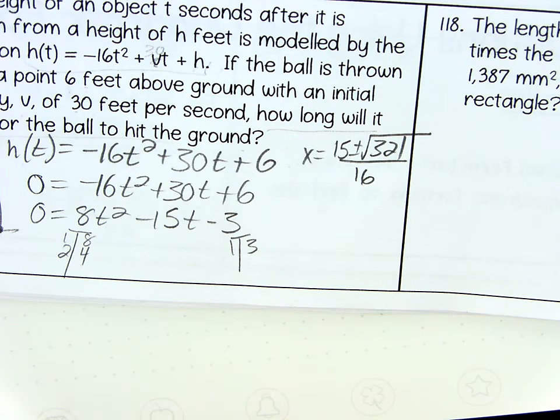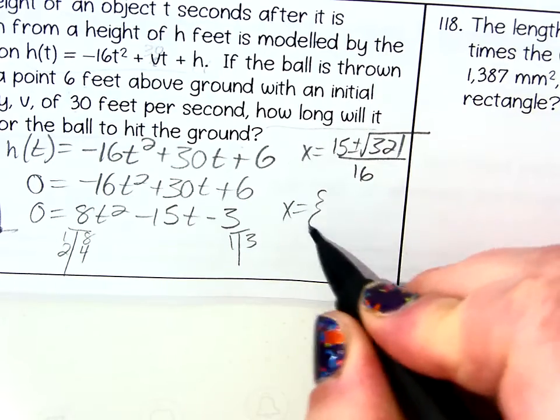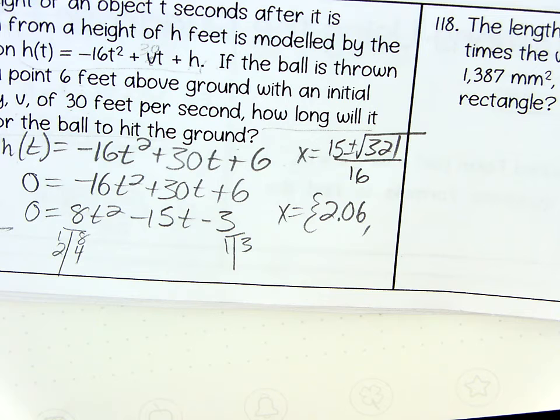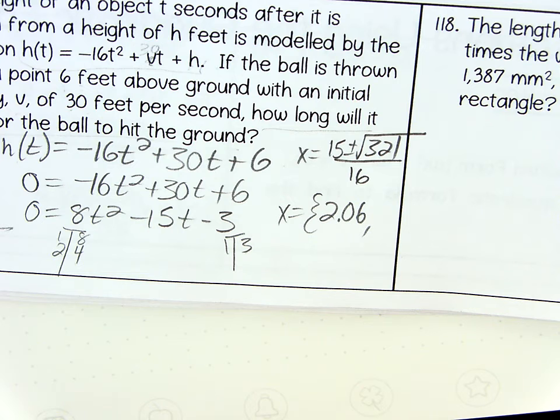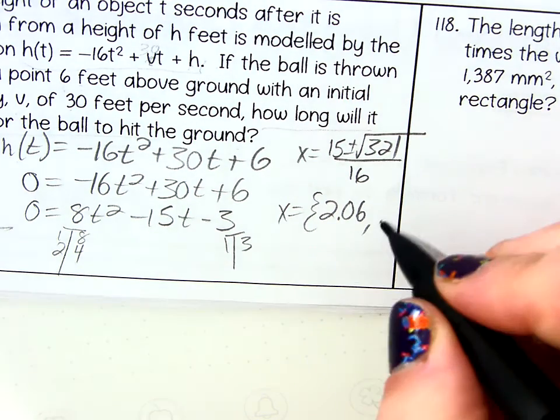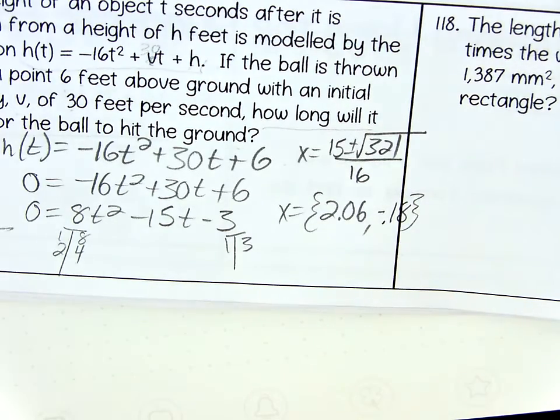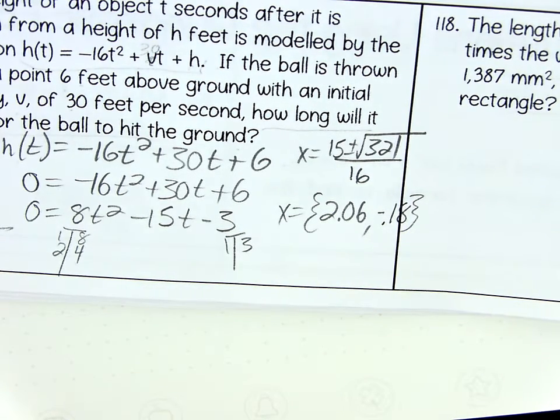So one answer I get is 2.06. And then the other answer would be -0.18. Do I keep both of these answers?